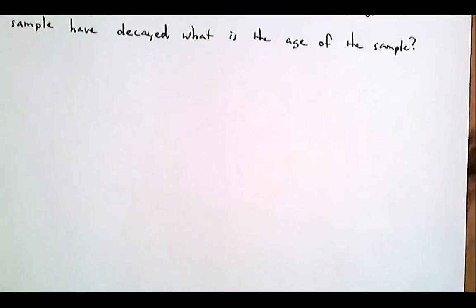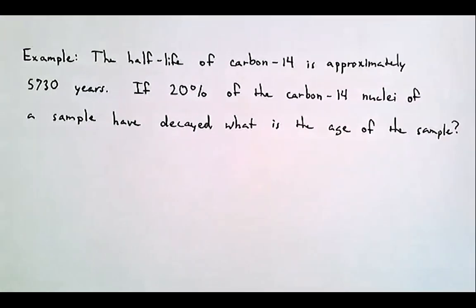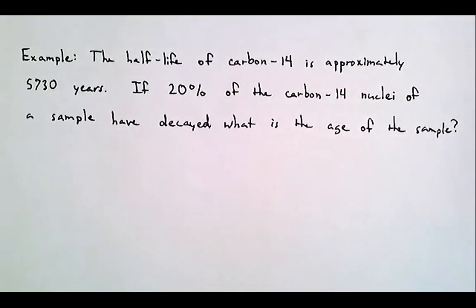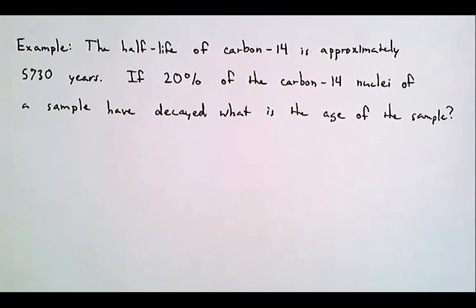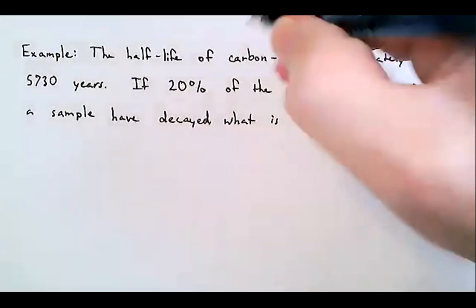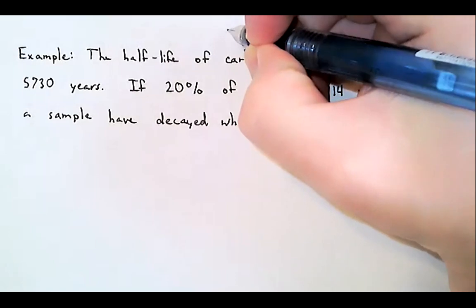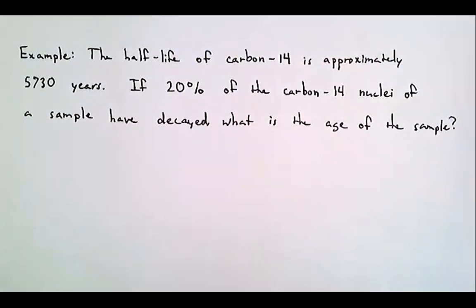Okay, so let's do another one here to wrap up this section. So in this problem, we're going to look at carbon-14, which you might know from carbon dating. Maybe I'll just write that word down.